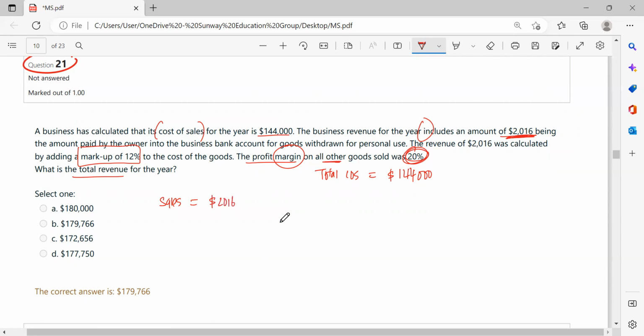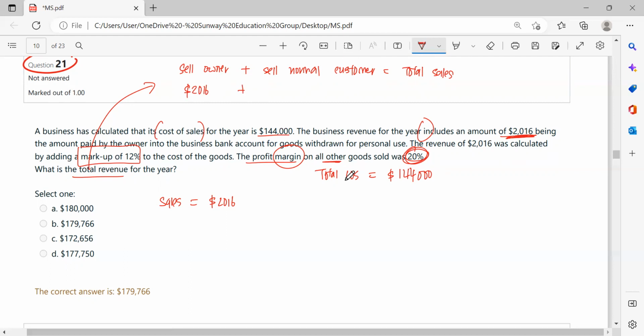But I do not know the sales to normal customers, because to find total sales, I'm supposed to add up the one sold to the owner and the one sold to normal customers. Now I only know what I earn from the owner, 2016. Then how much do I earn from normal customers?